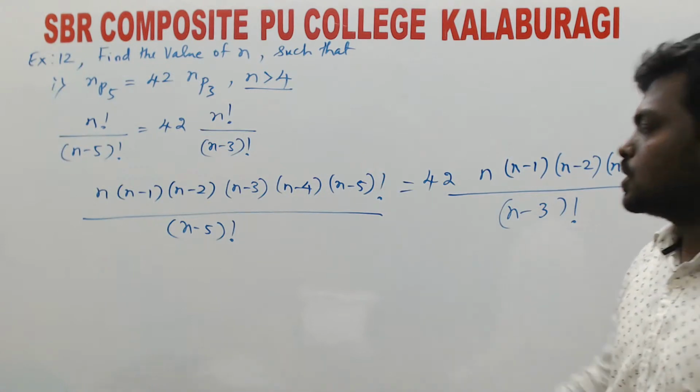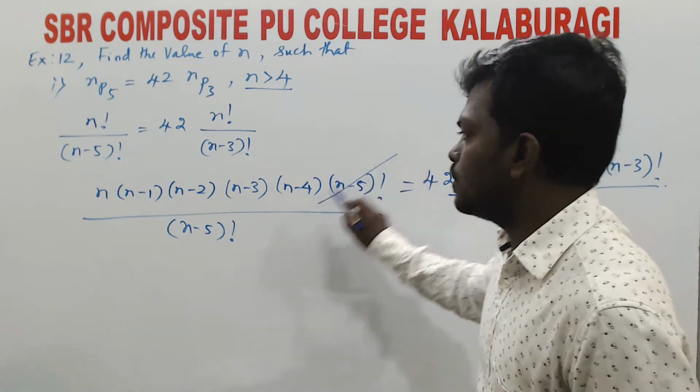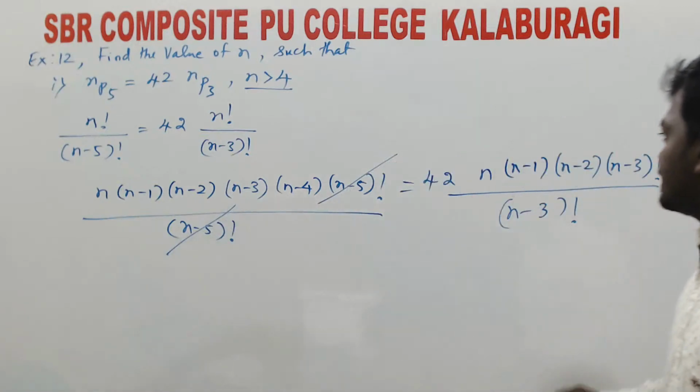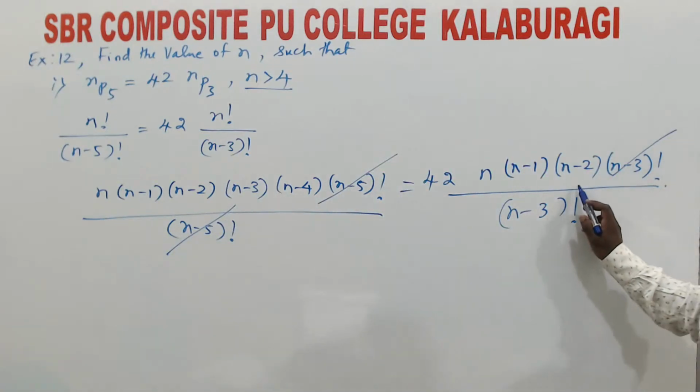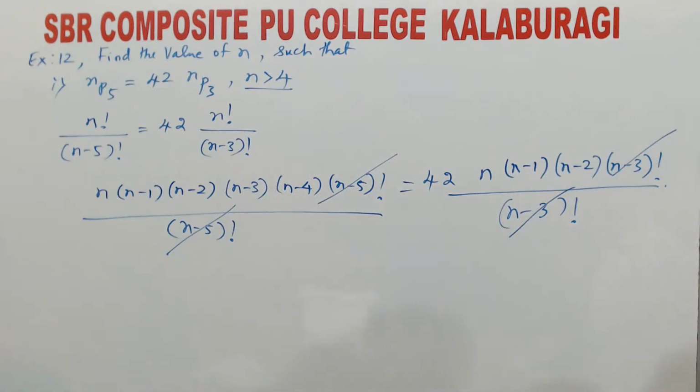Now n minus 5 factorial cancels, and n minus 3 factorial cancels.